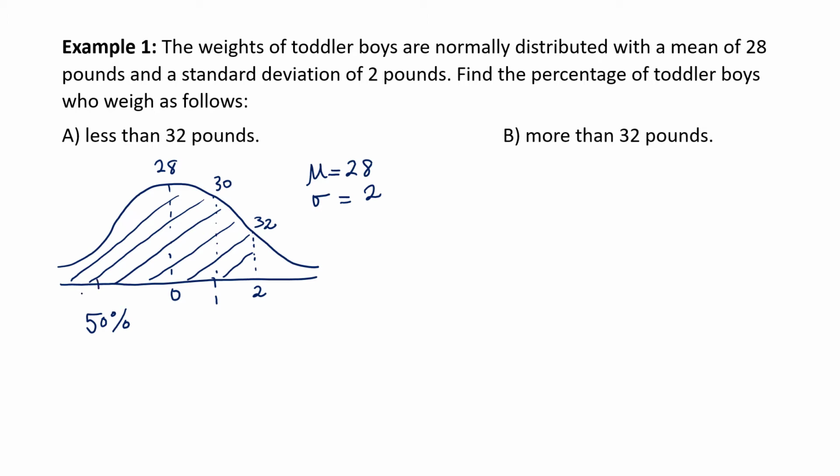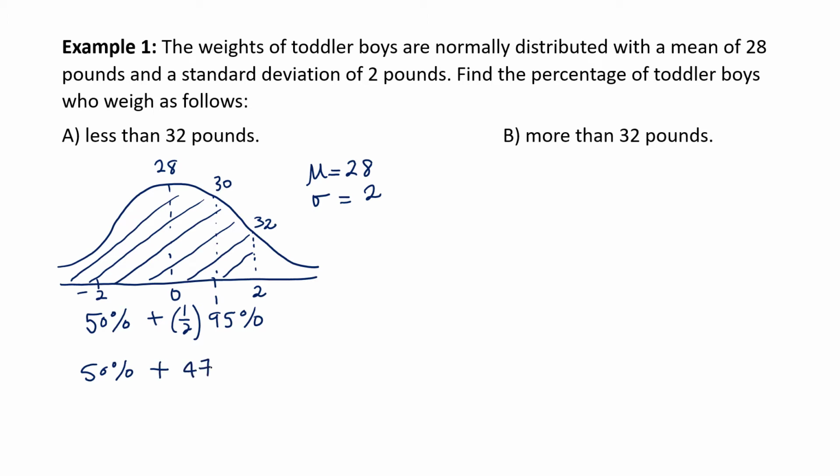Between -2 and +2, the empirical rule tells us that that's about 95%. However, we've already taken care of the area on the left-hand side, so you only need half of the 95. Then you'll have 50% plus half of 95%.